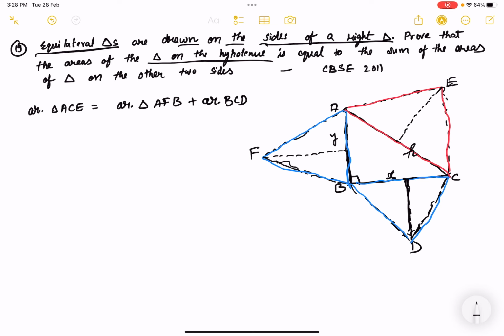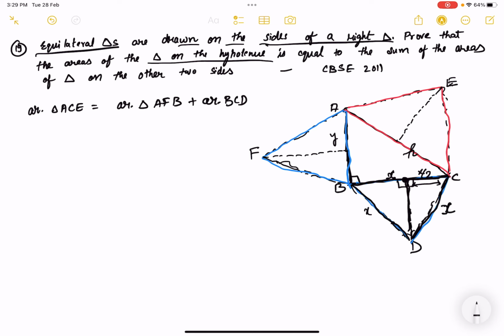Can we find this height length? If we are given the sides, can we find the height? Yeah, of course. This is also x, this is also x, and all sides length is x. And as it is an equilateral triangle, this length is going to be x by 2, because the altitude bisects the side.